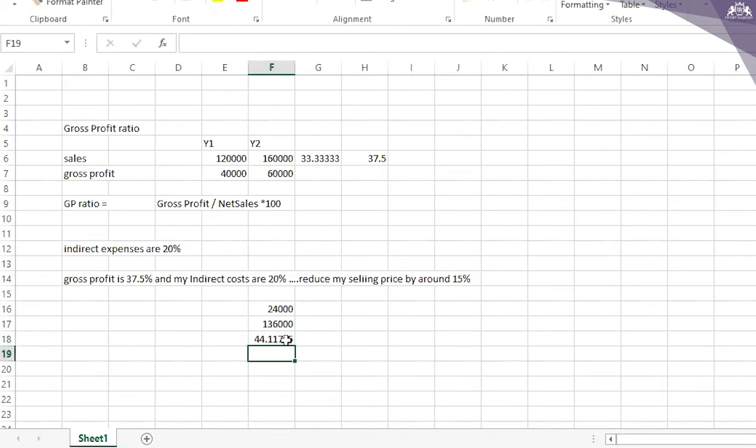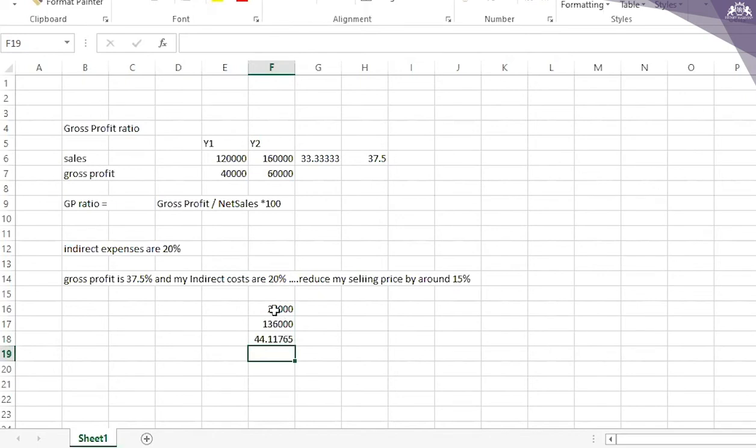Still higher. So I can reduce my price and still gain, to cover my indirect costs. So I can reduce my selling price.